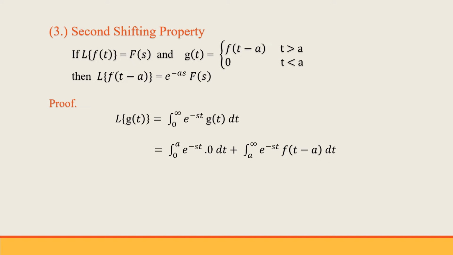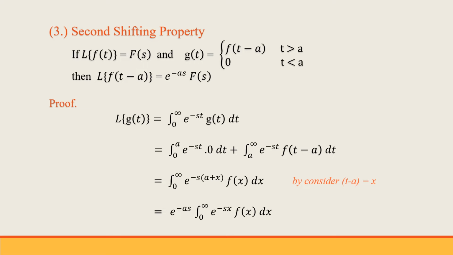So the first part of the integration vanishes. Now let's consider t minus a equal to x in the second part. So we get integral 0 to infinity e raised to the power minus s(a plus x) into f(x) dx.